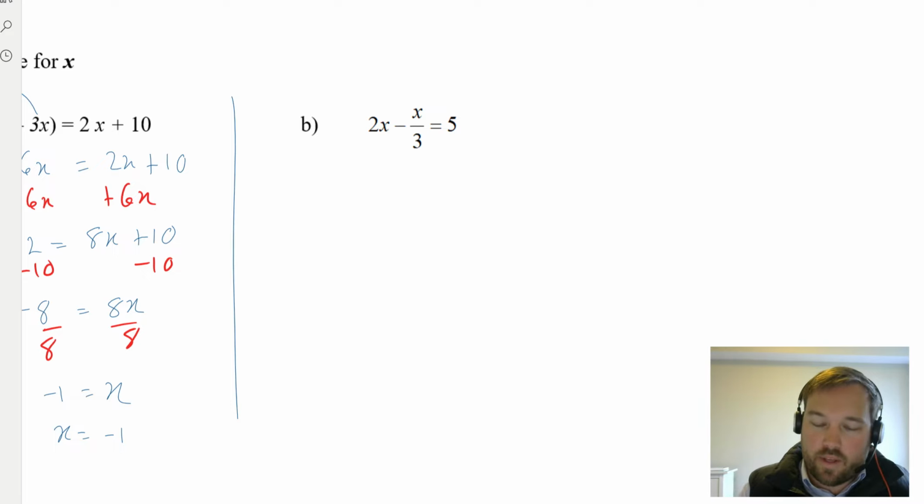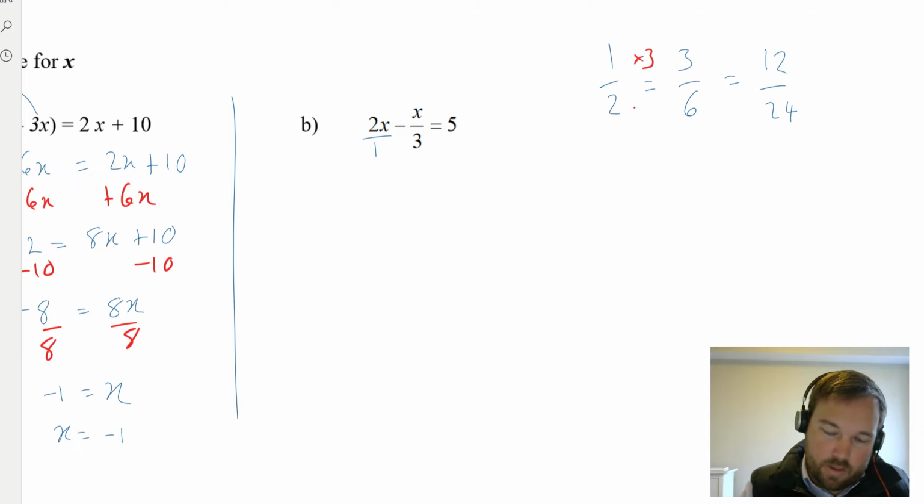But a good way to think about it is to think about that as over 1. If that's over 1, we can start treating it like a fraction. And you might remember that with a fraction, if you have a half, that's the same as 3 on 6 or 12 on 24. All we're doing is multiplying the top and bottom by the same number.